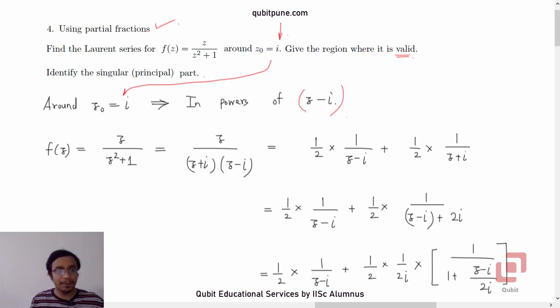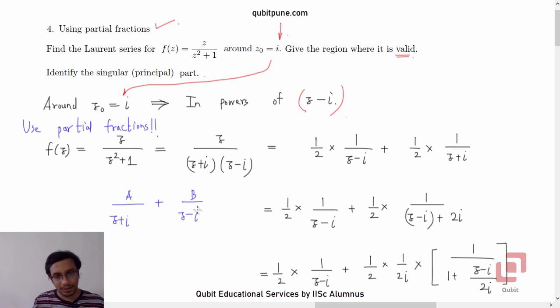Okay, step 1, use partial fractions the way we do it in integration. Okay, now because these consist of 2 linear non-repeated factors, okay, the split is going to be a upon z plus i plus b upon z minus i.